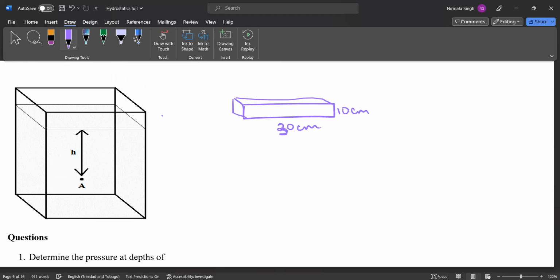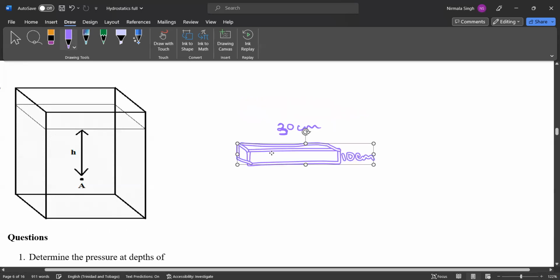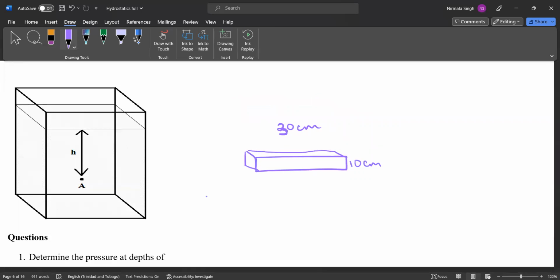You can lift up a tray of water like this. It's not going to be too heavy. But say now I get a bigger tray, a big container, and say it's 30 centimeters by 30 centimeters.